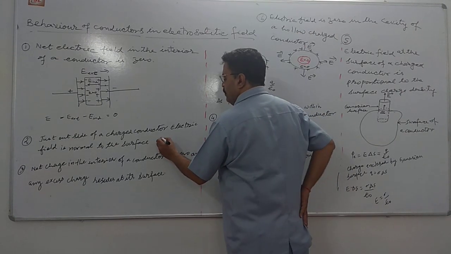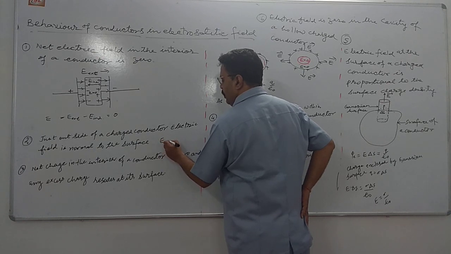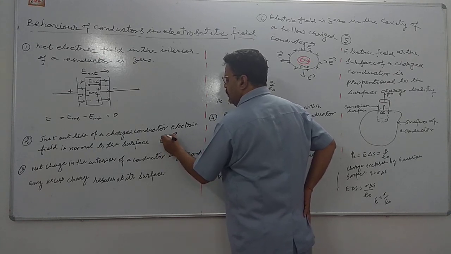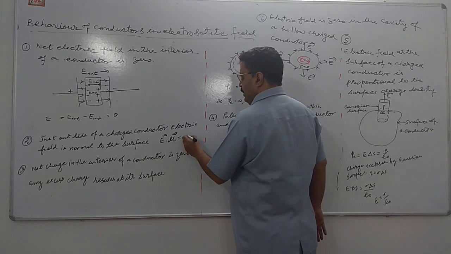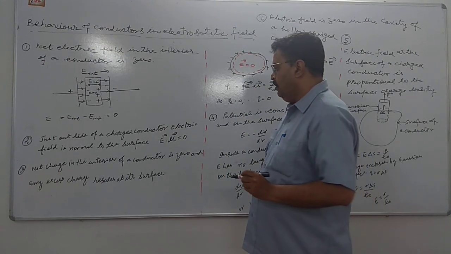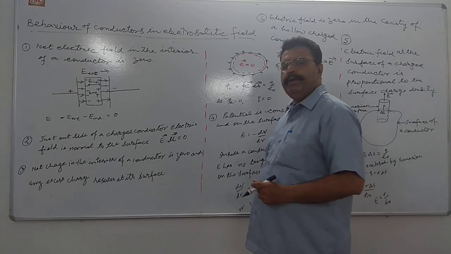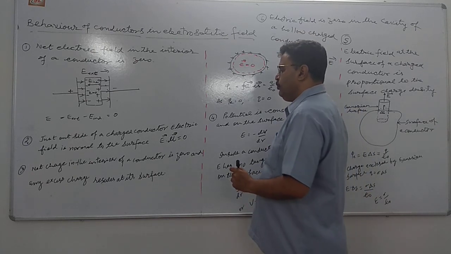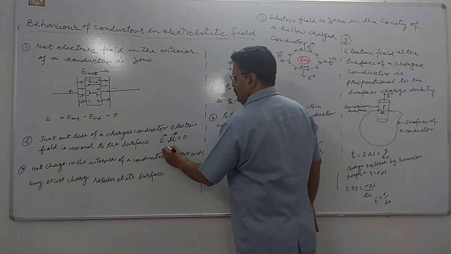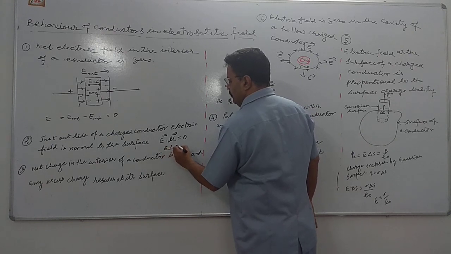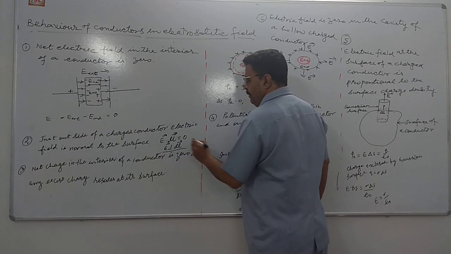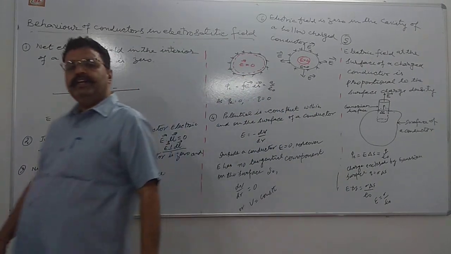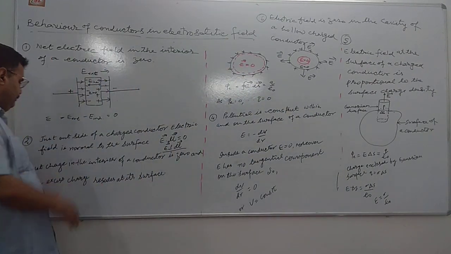So here we know that E dot dl at the surface is 0, because the tangential component of the electric field is always 0 at the surface. If it is 0, then E is perpendicular to dl, meaning the electric field is perpendicular to the surface.